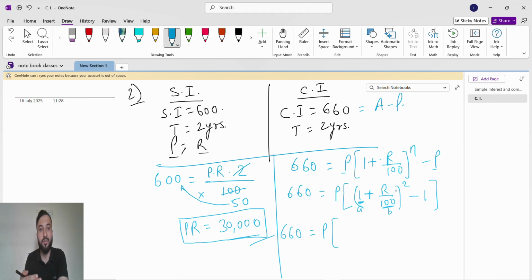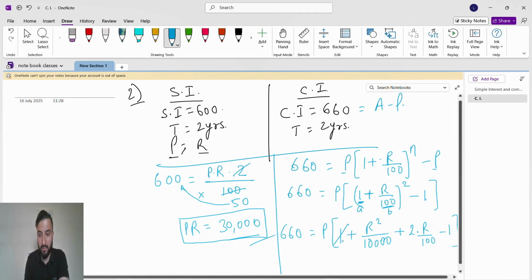The formula is A square plus B square plus 2AB. So A square is 1 square which is 1, plus B square, which is R square divided by 100 square, so 10,000, plus 2AB, and then minus 1. Plus 1 minus 1 will get cancelled.